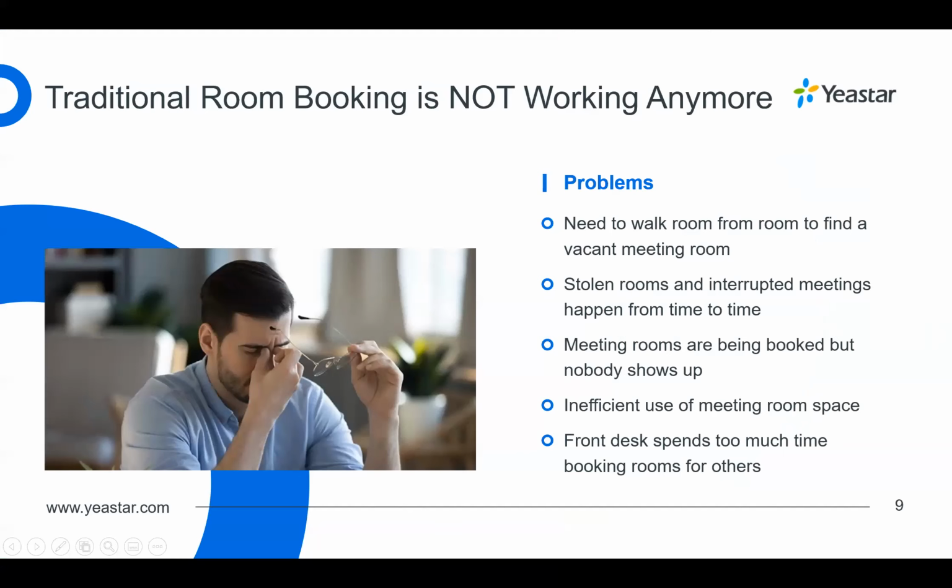From the individual side, if I'm an employee in the company trying to find a vacant meeting room without this solution, I need to walk around and see which room is empty. But sometimes if I open the door to check, I may interrupt an ongoing meeting. That's really awkward for me, and not a good feeling for my colleagues.